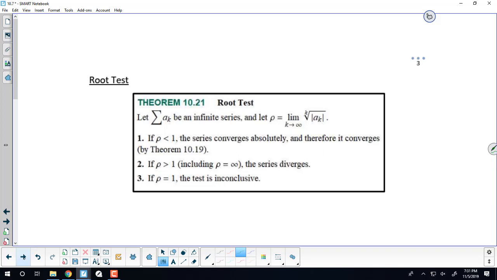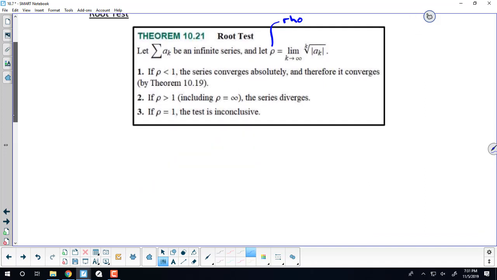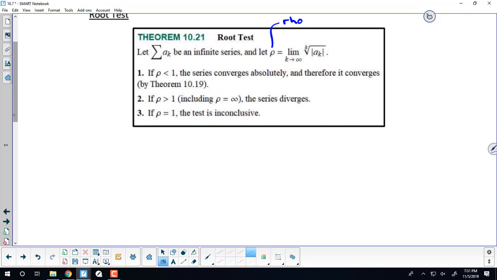Different process. For the root test, we're going to let rho be the limit at infinity of the kth root of the absolute value of our term, a sub k. Excuse me.